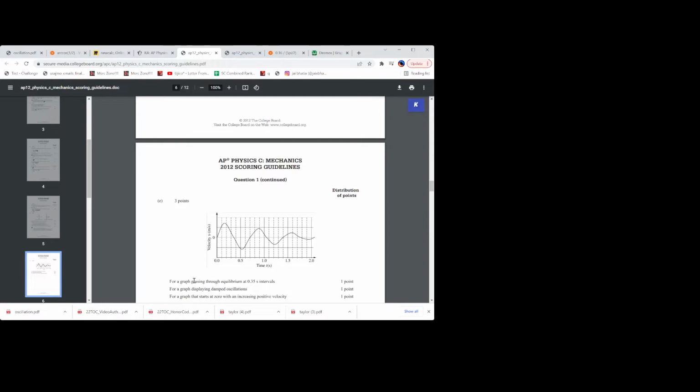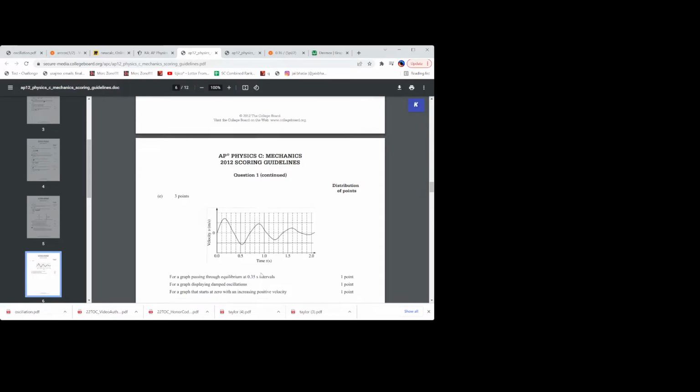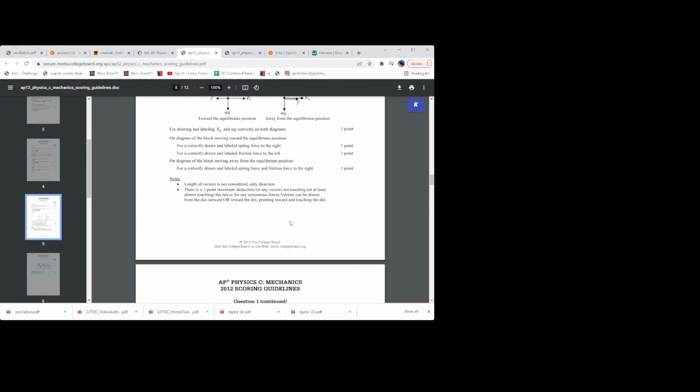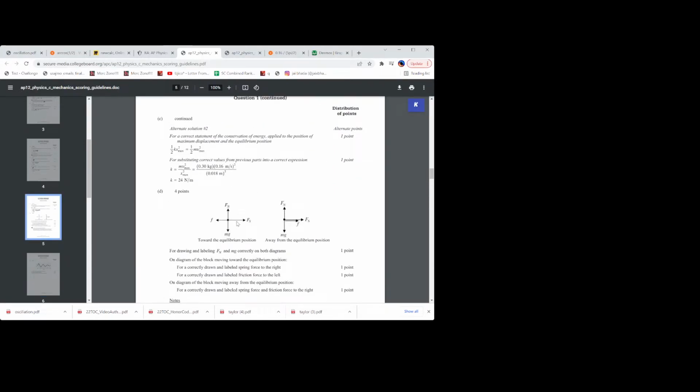Oh wait, no, never mind. We are given it. Okay. Yeah, that's pretty much what I expected. So I would have gotten 2 out of 3 for this. I switched the diagram in my own thing, but this is what I meant.